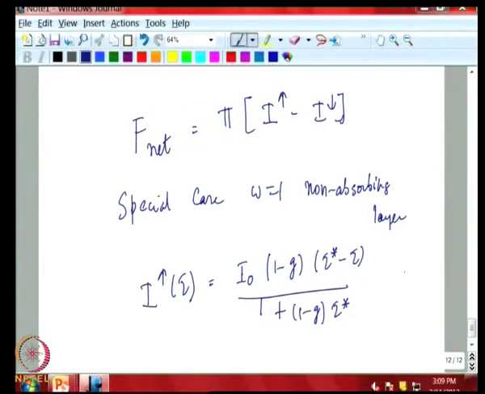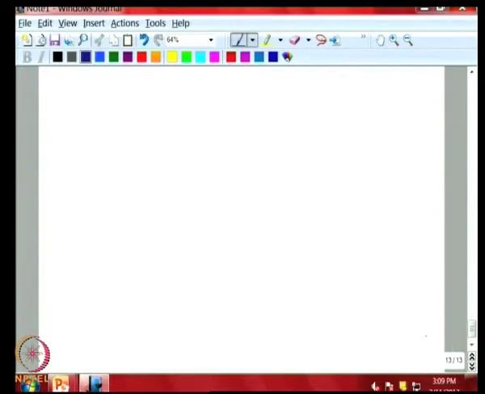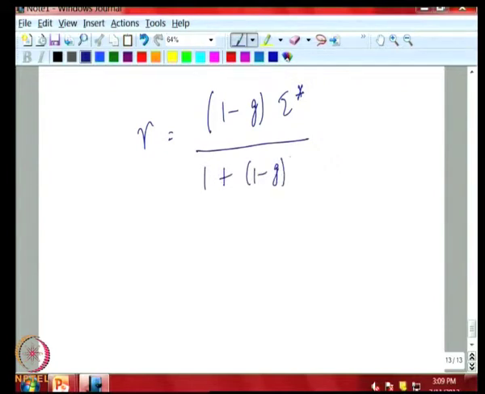So, you can see that in this case the albedo, which is the ratio of the upward to downward intensity, R, can be calculated now. So, R will come out as the reflectivity or albedo as 1 minus G into tau star by 1 plus 1 minus G into tau star.